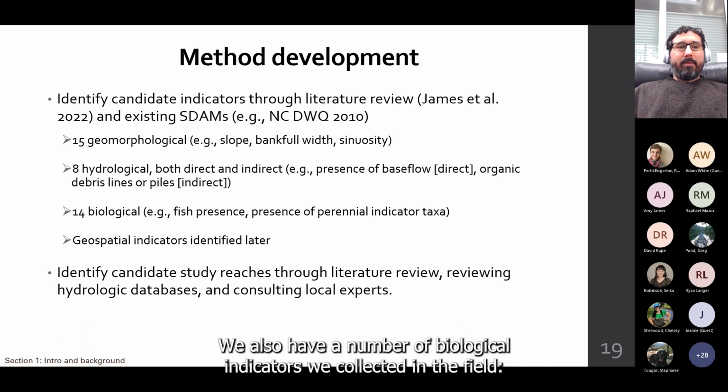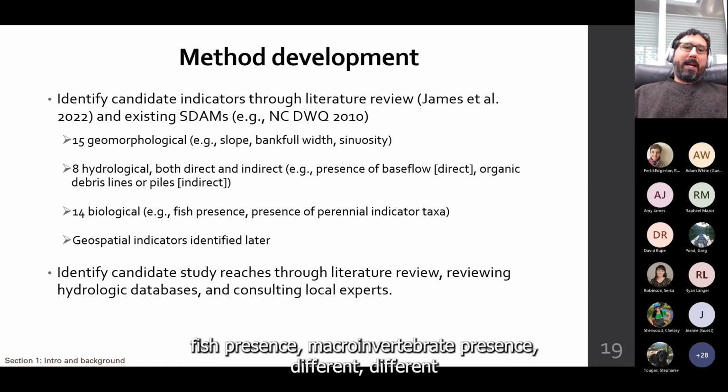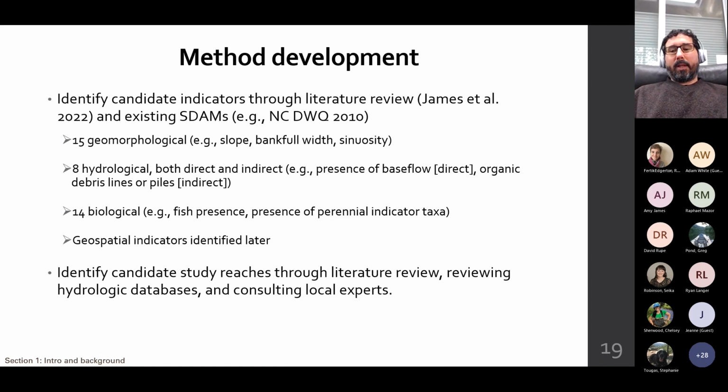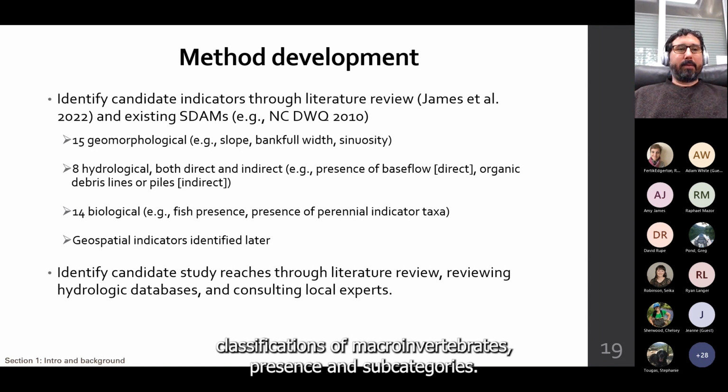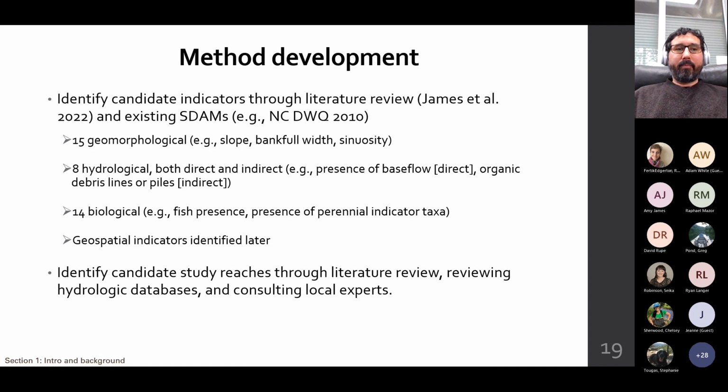We also have a number of biological indicators we collected in the field, fish presence, macroinvertebrate presence, different classifications of macroinvertebrates presence and subcategories.